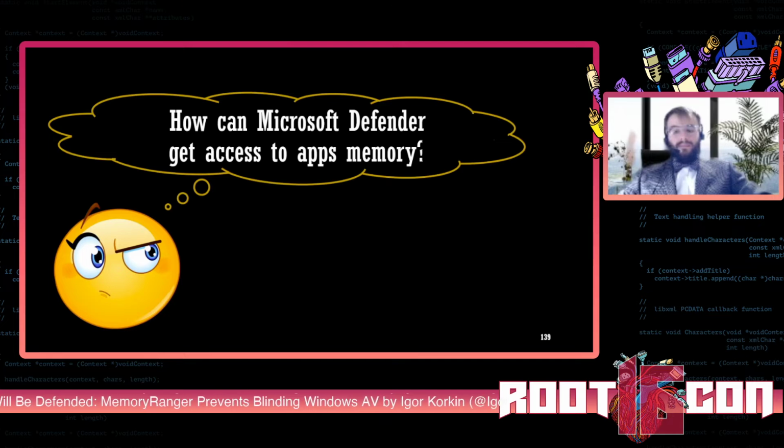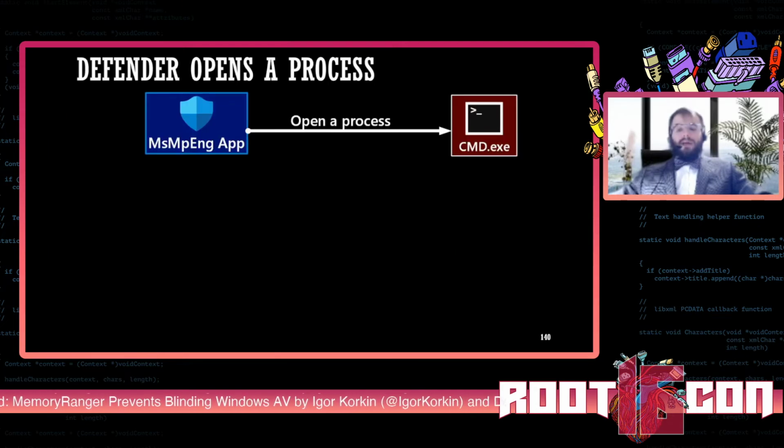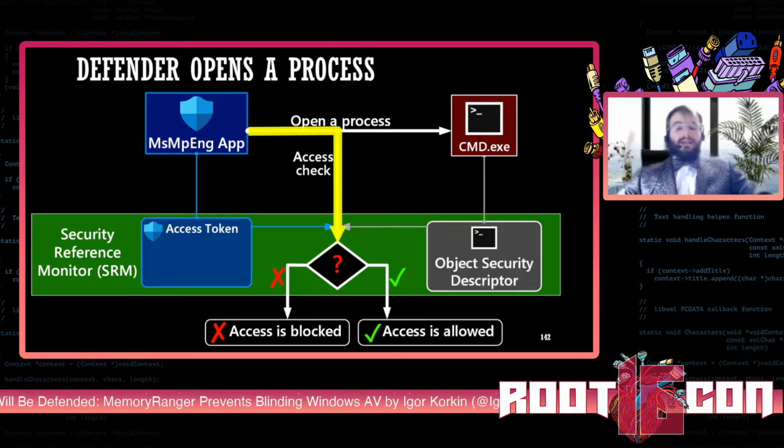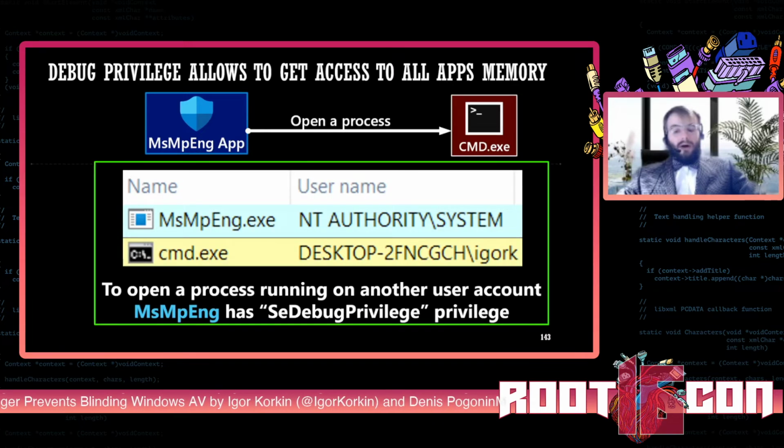We know that the malware detection engine is located in the Microsoft Defender process. Each time the Defender process gains access to a running process, Windows checks whether the privileges are enough using the access token and security descriptor. However, the Defender process has debug privilege.